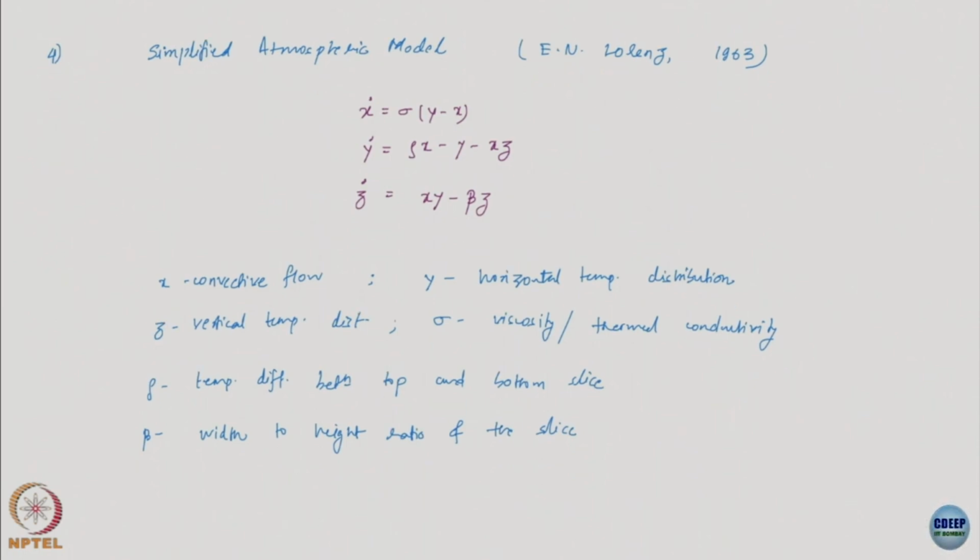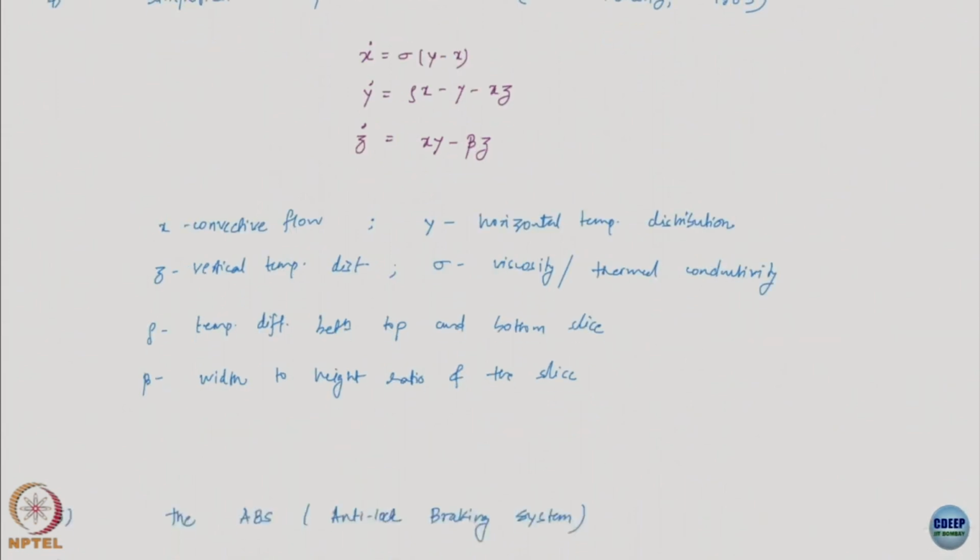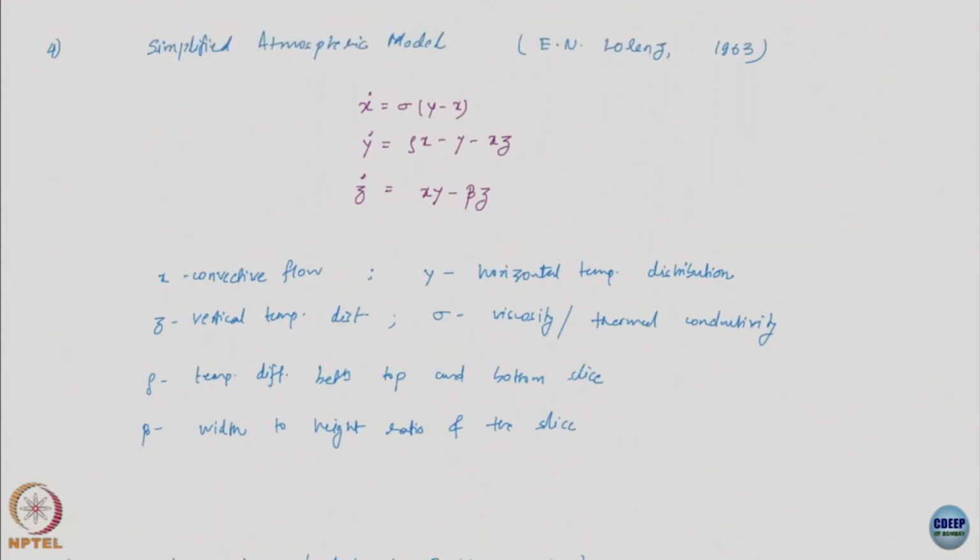Here rho is the temperature difference between the top and the bottom slice, depending on how thick the atmosphere you are actually analyzing is. Depending on that, you will get a different model, and beta is the width to height ratio of the slice. Given this, you have this nonlinear model. This particular piece is pretty much linear.